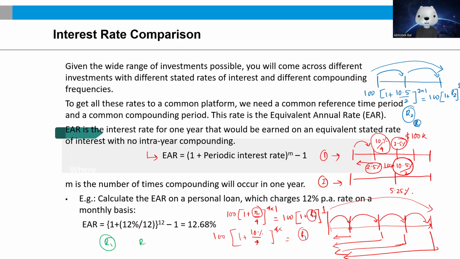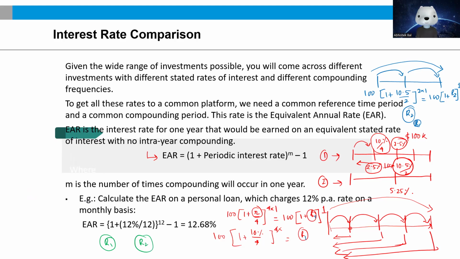So if we extend the same logic, through this process we can take a decision on which investment is worthwhile, which interest is going to bear me more money, all other things remaining constant. And the process is through finding their equivalent annual rate, or equivalent interest rate, right?